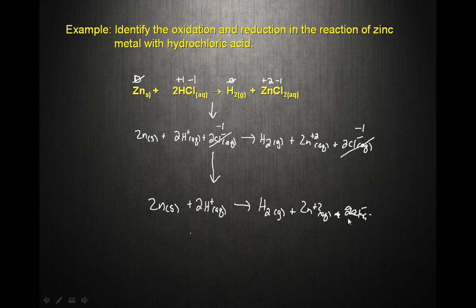So I'm just going to rewrite this on the next page, and we can stick on our oxidation numbers. So why don't you go ahead and do that? I've already done them above, but let's put on our oxidation numbers on this reaction, and then identify where the oxidation and reduction is occurring.